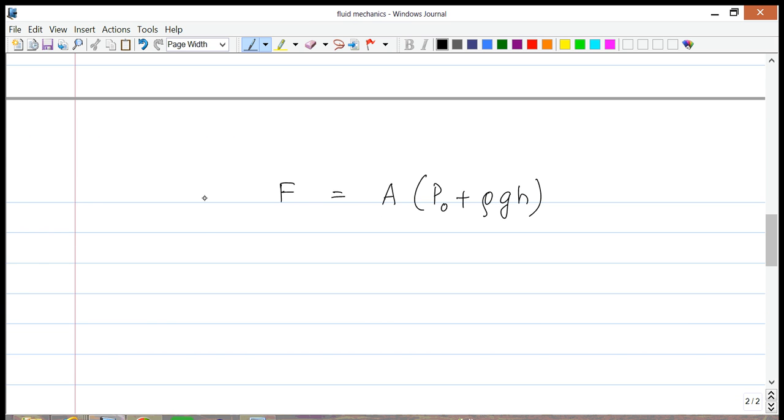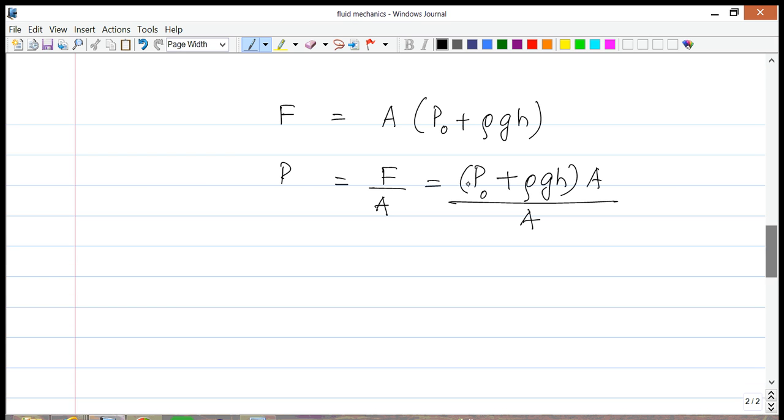And the pressure is nothing but the force divided by the area, F over A. So this ends up being P0 plus rho g H, all multiplied by A and divided by A. The A cancels out and we get the pressure in this beautiful equation.